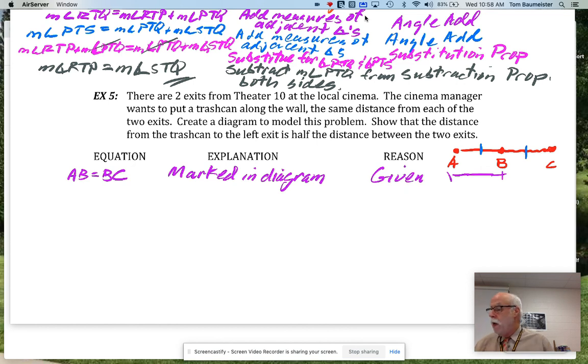Okay. So now we have to think of what we have to do here. If we look at it, from what we've had before, we know the segment addition postulate, so we know that the whole thing is AC, and it has to be AB plus BC.